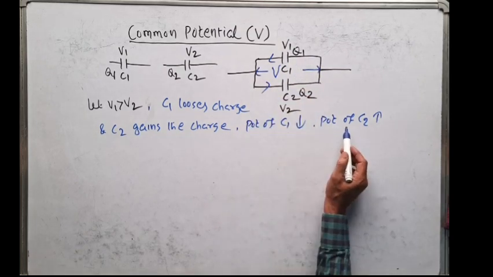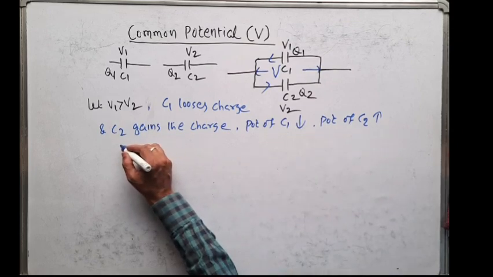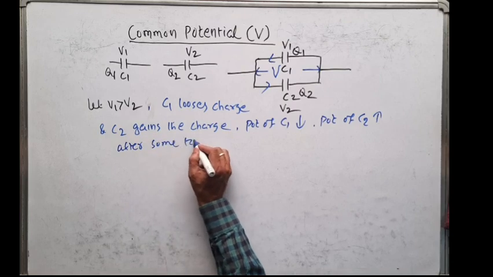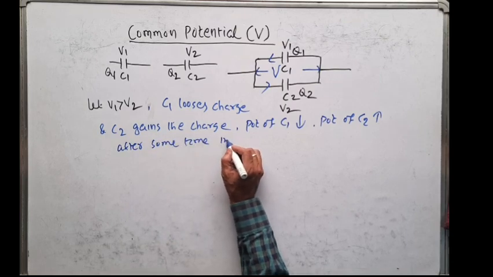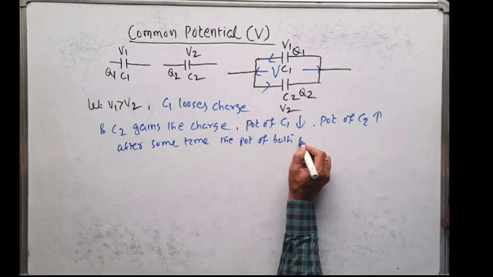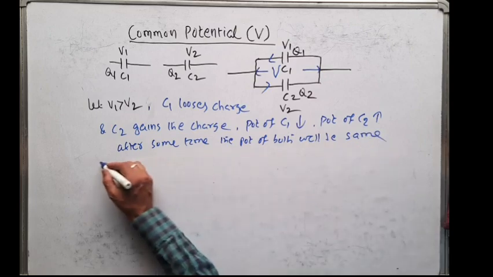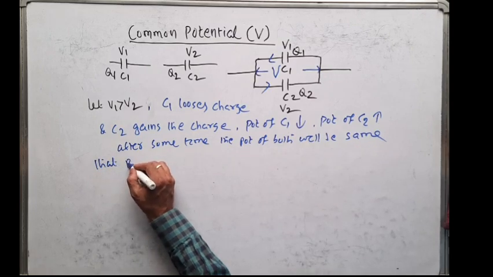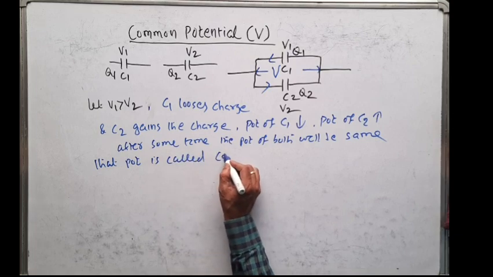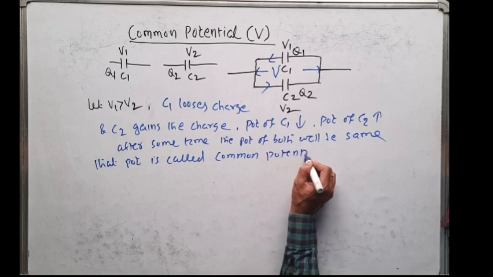Okay, so now the potential of C1 decreases, the potential of C2 increases. After some time, what will happen? After some time, the potential of both will be the same. And that potential is called common potential.